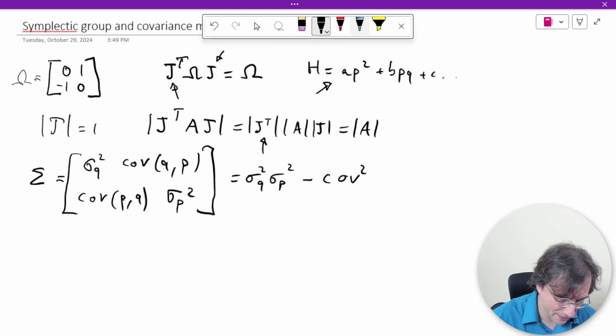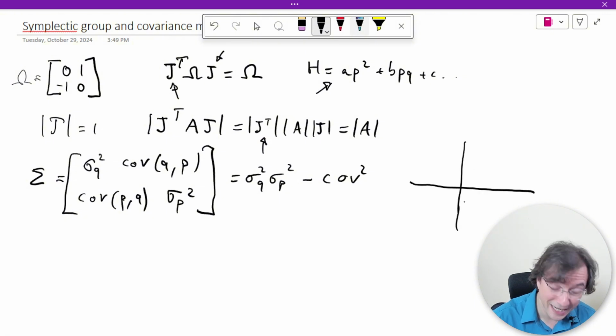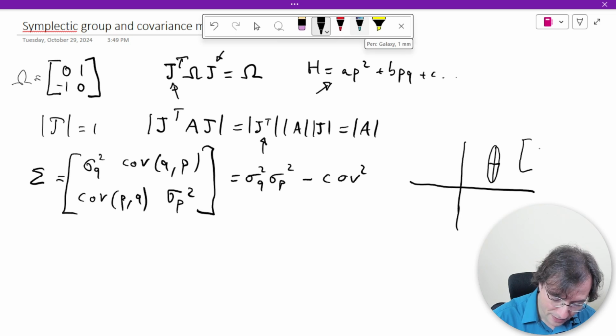That part is the same. If you imagine what happens, you can draw a covariance matrix using an ellipse. This ellipse would correspond to a covariance matrix that is diagonal, with sigma q squared, sigma p squared, and 0 and 0, because these lines are perfectly aligned with the axes.